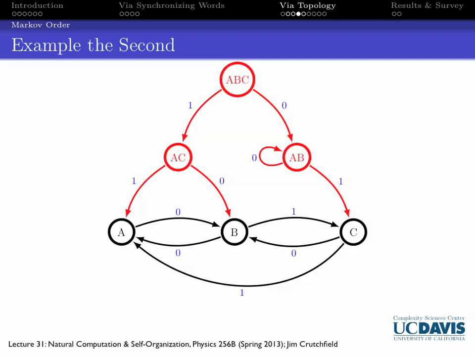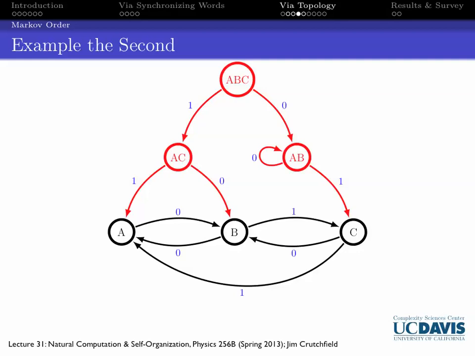The first 0 will take us, we know we're not in C because we go to B. But if we had been in B, we would have gone to A, and if we were in A, we would have gone to B. And after that point, all zeros just cycle us between A and B, never actually synchronizing us to the machine. And so we never know exactly what state we're in if we only see zeros. Similar to the even process, where if all we see are 1s, we don't know whether we're in state A or B. So this is a case where we have infinite Markov order.